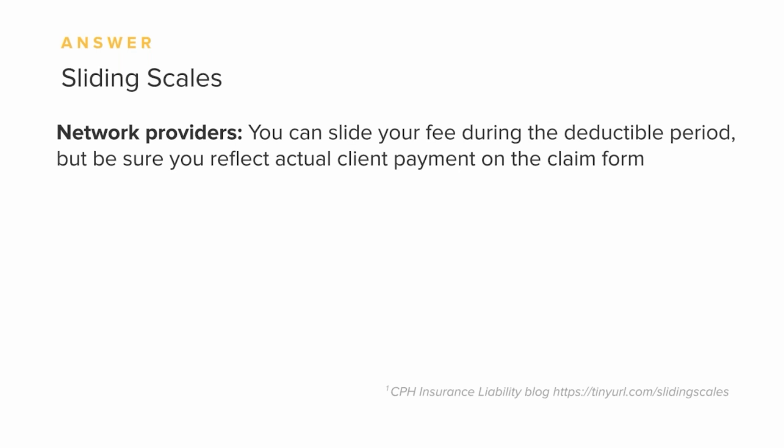The bottom line is you can't say to the client, oh, well, you have a deductible of $2,000. My usual fee with your insurance plan is $80, but I'll slide it down to 60, or let's say 50 for you. When I'm turning in that claim form to the insurance plan, through SimplePractice or wherever, you would have to mark your charge for that session as 50.